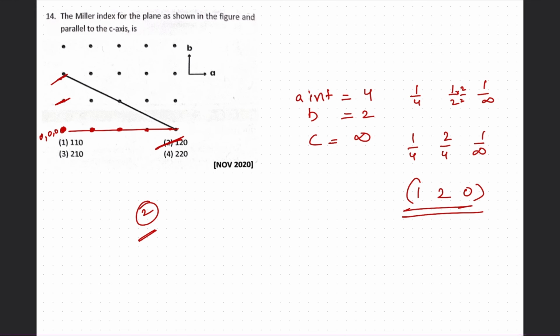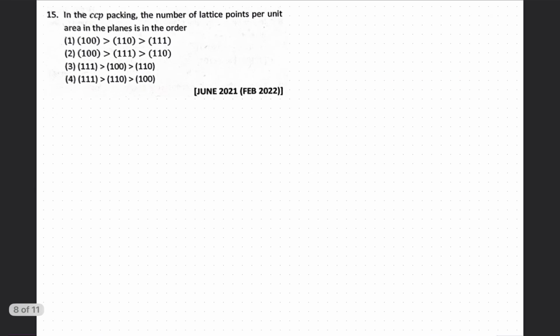Now the next question is an important question, because it came 2 times, in 2021 and 2022. So in this question I'll explain, but you have to open up your imagination, right? In this they have asked about CCP packing. CCP packing is basically face centered.